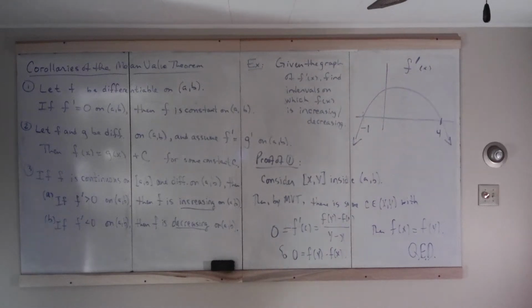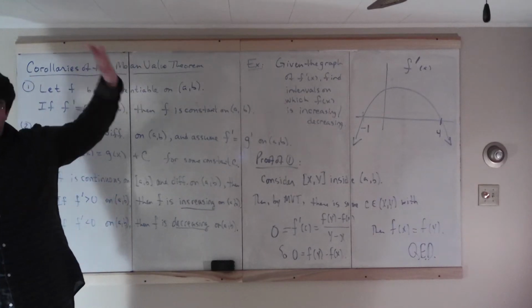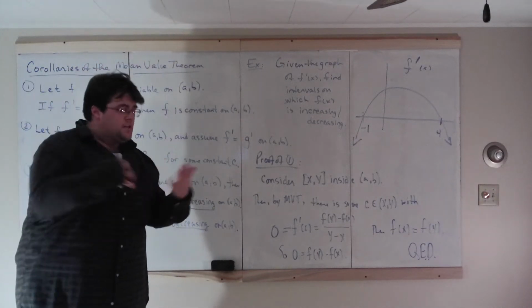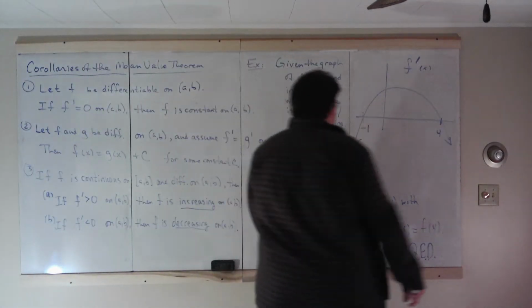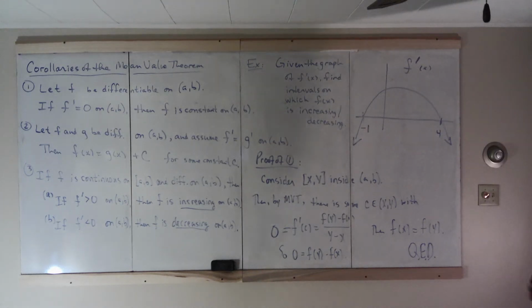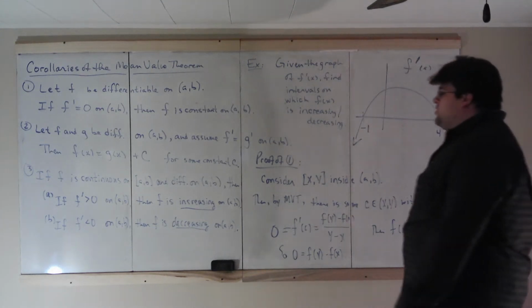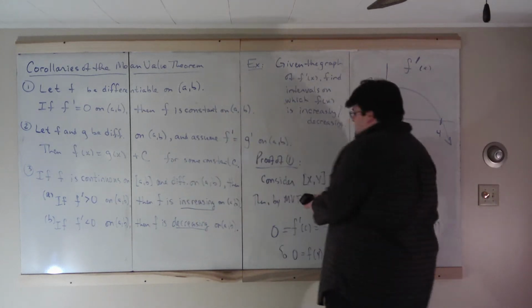Now, we technically haven't defined increasing or decreasing. They are exactly what you would expect. Increasing if the function is going upward, decreasing if it's going downward as x gets larger. The technical definition of increasing and decreasing is, I think, far more tedious than just visualizing a function going up or a function going down.